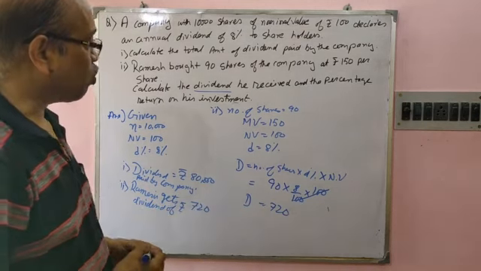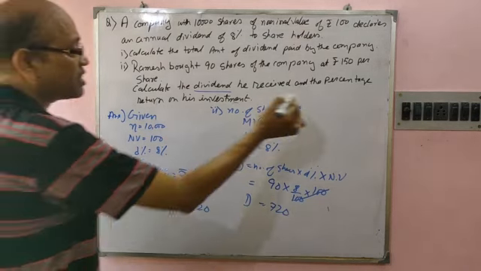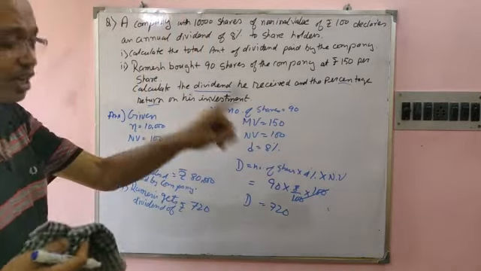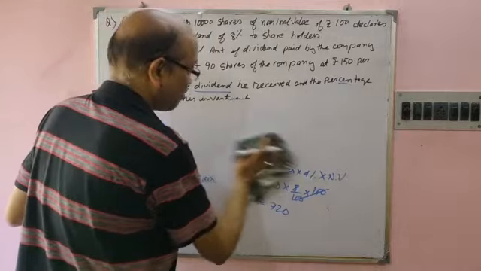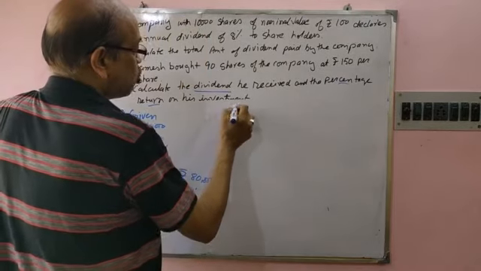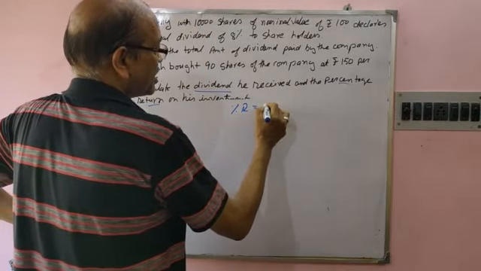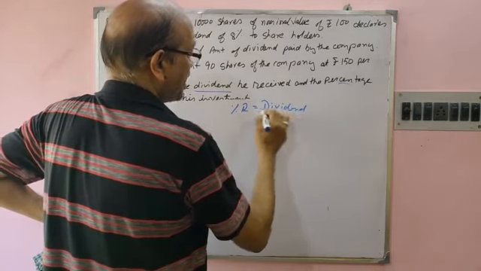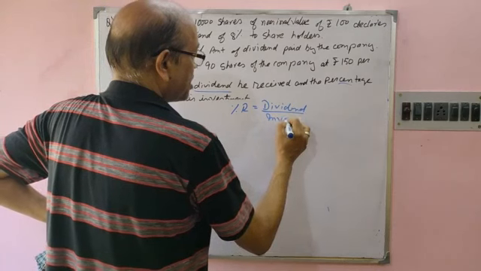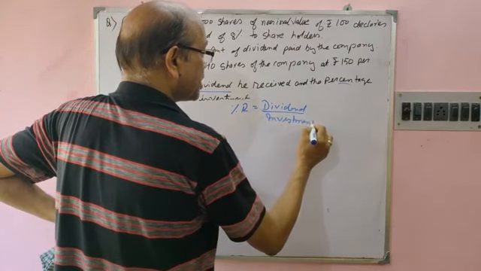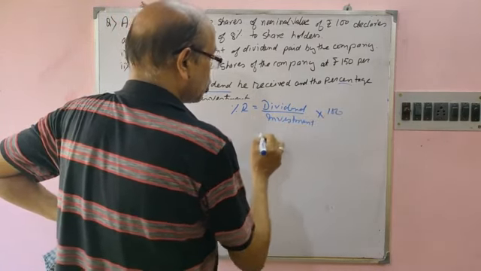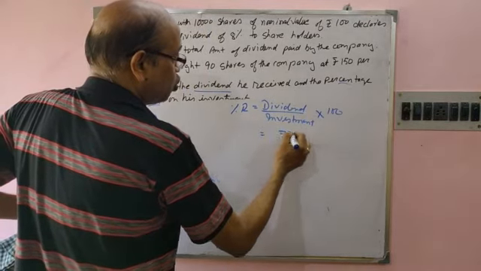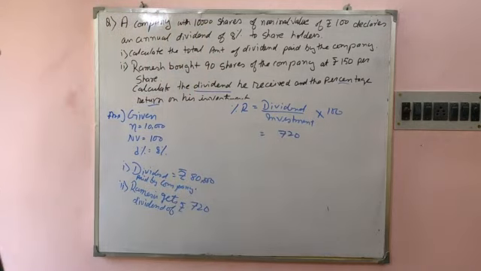Okay. Now what we have to find? Percentage return of Ramesh. Percentage return is dividend by investment into 100. So Ramesh's dividend is 720. Do we have the investment of Ramesh?